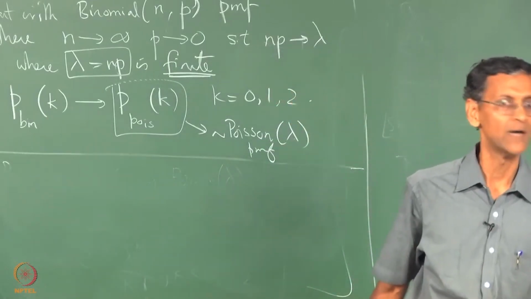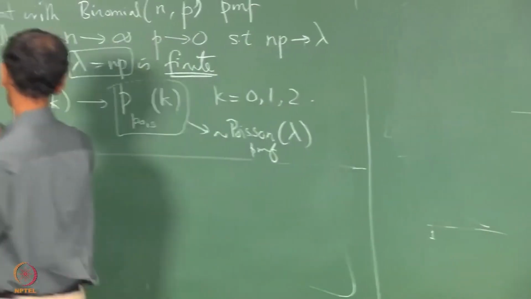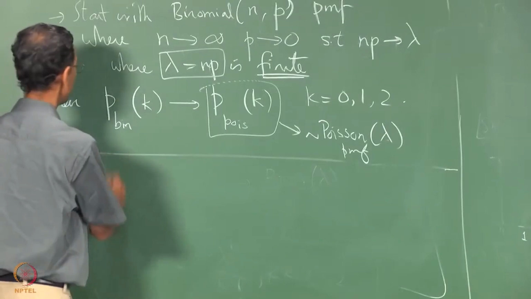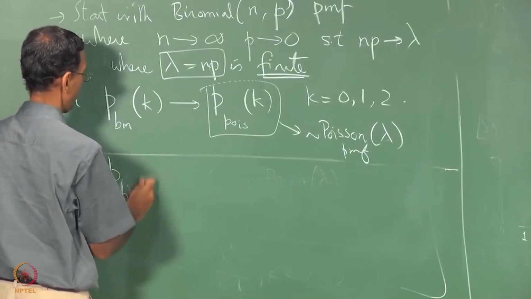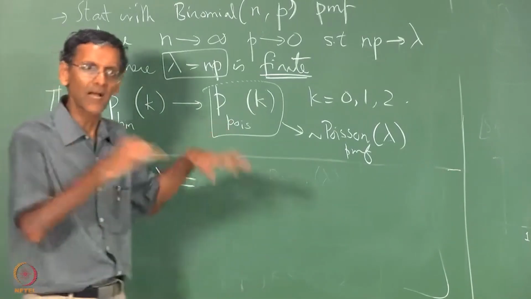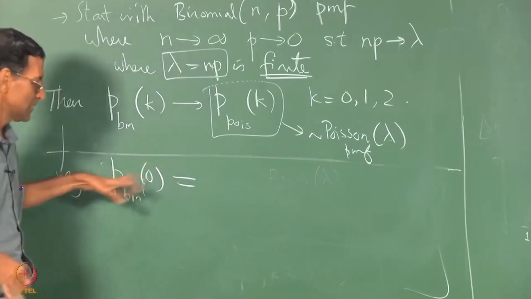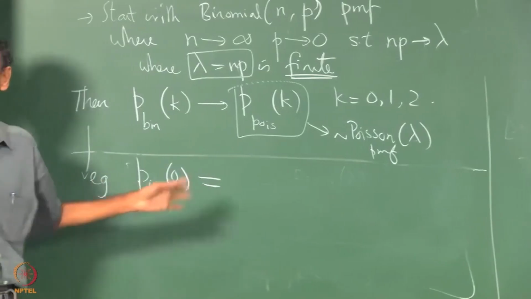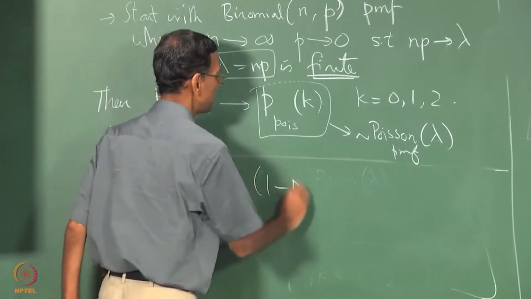Take the simplest one, that's the first probability itself. What is P binomial of 0, with np equal to lambda? It is exactly equal to 1 minus p whole to the n.